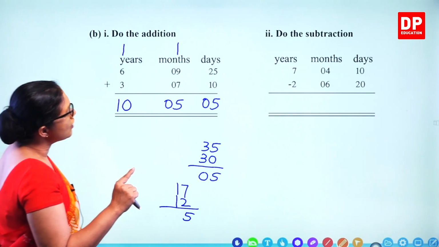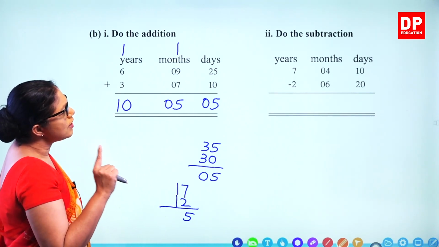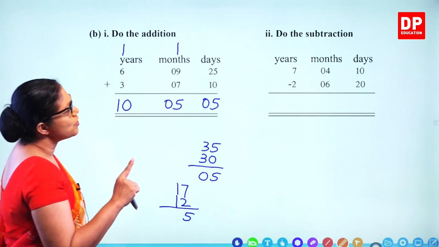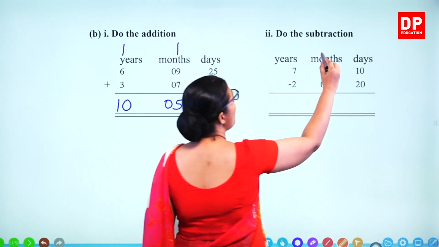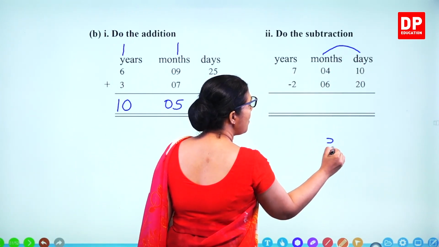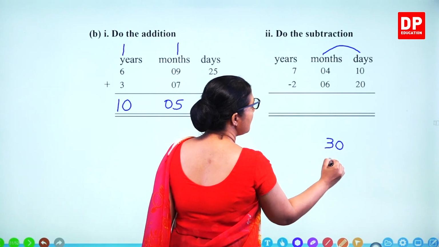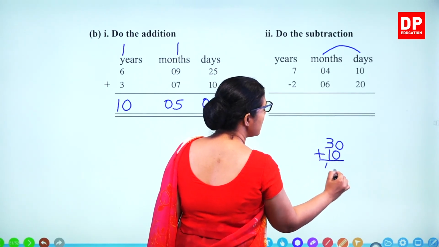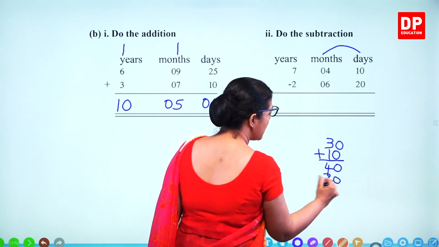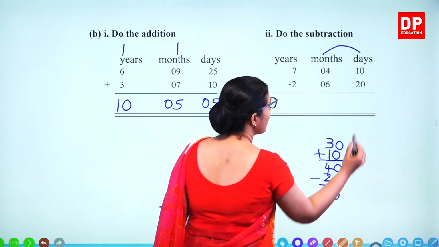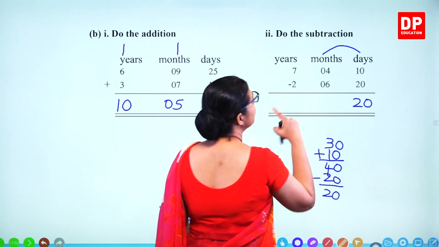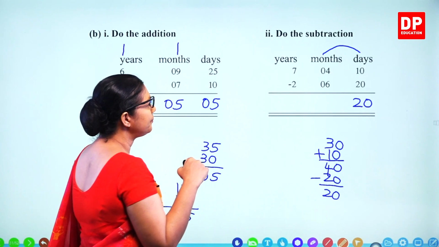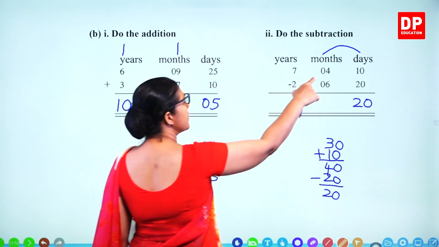What about the subtraction? Can you subtract 20 from 10? You can't. You have to take 1 month. When you are taking 1 month, that's 30. 30 plus 10, that's 40. Subtract 20, you get 20 here. So what about here? This becomes 3.